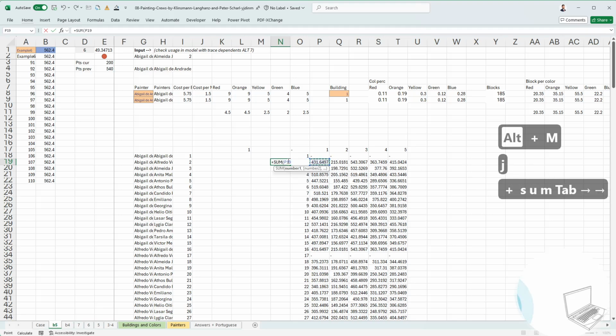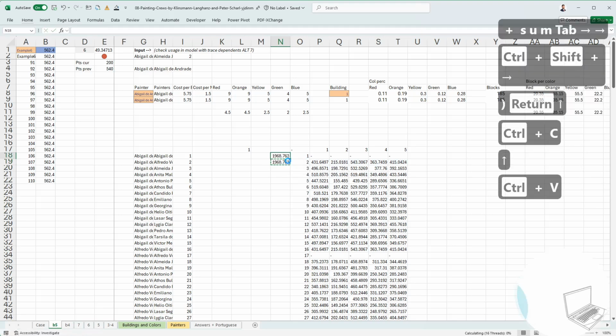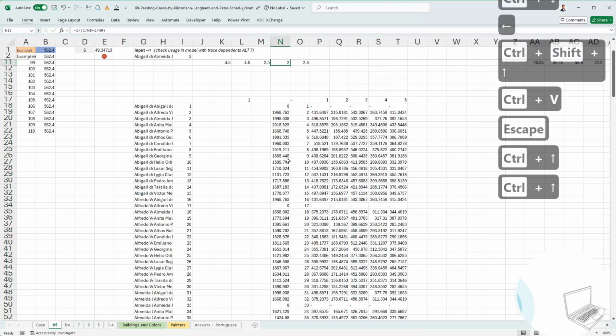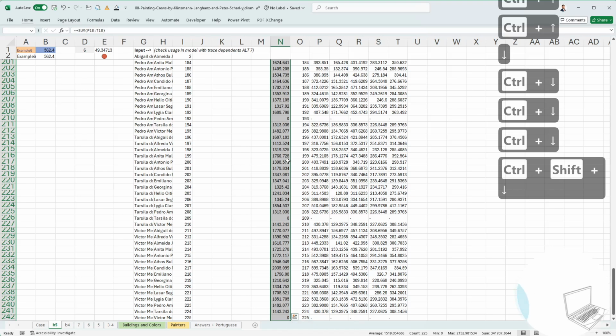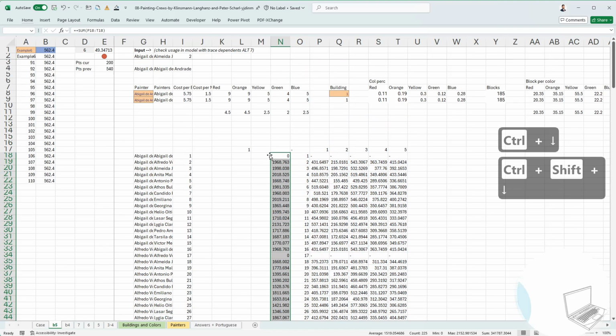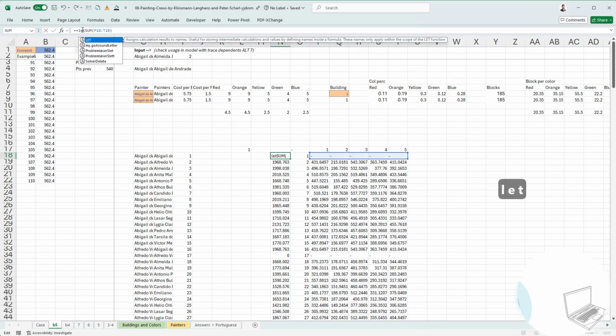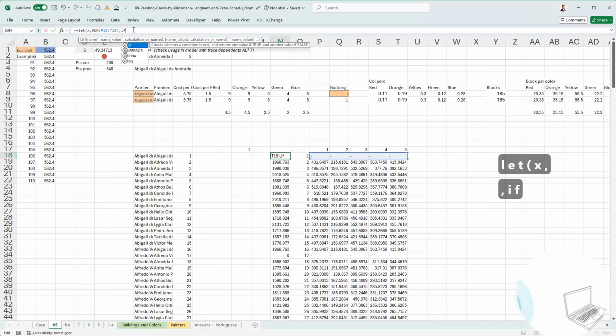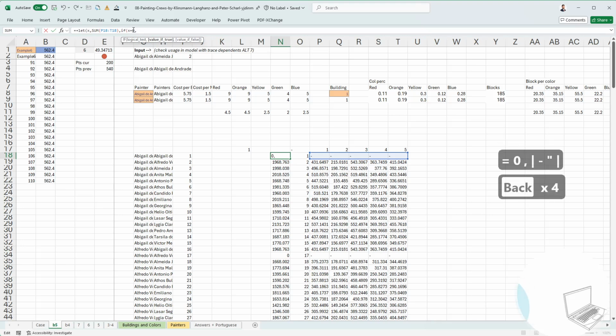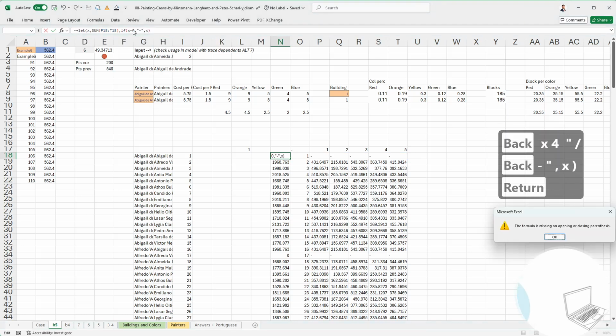So sum this, and that's the minimum. 0. Then if x equals 0, put this. Otherwise x.